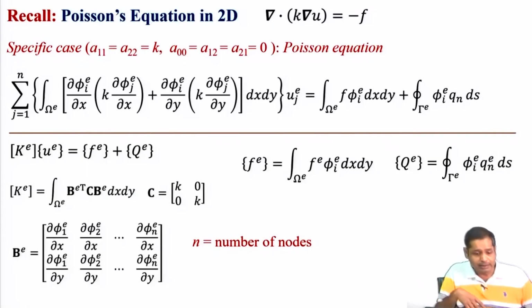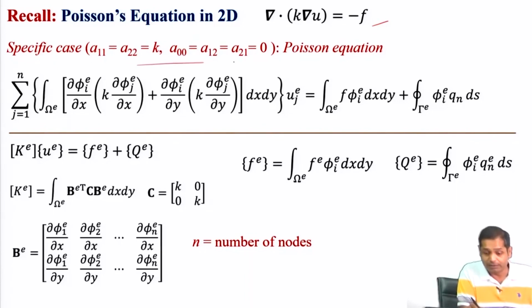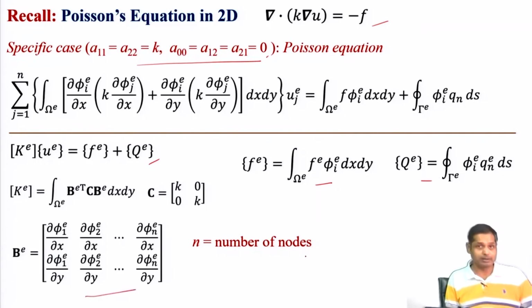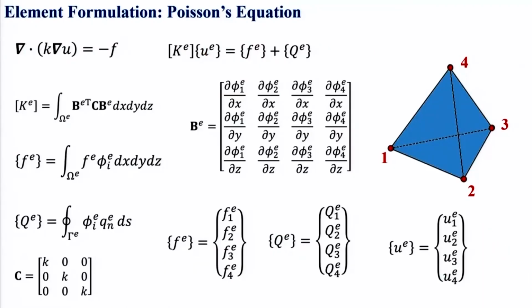So recall, in the case of a 2-dimensional problem, this was the Poisson's equation, which is a special case of the very general 2-dimensional equation we started with, with these values for the coefficients. Finally, the element level equation is this, where Fe gives the source term, Qe is the boundary flux term, and the B matrix is defined as this, and N is the number of nodes, right? Now the same thing we can write for a 3-dimensional element as well.